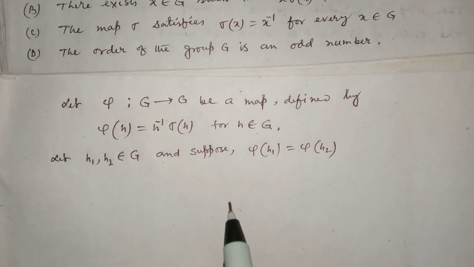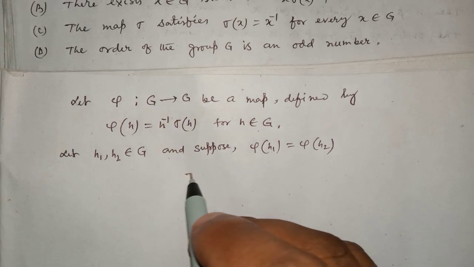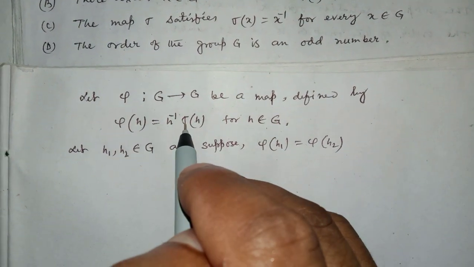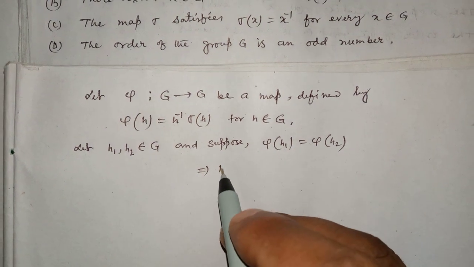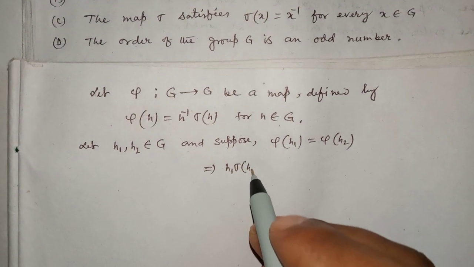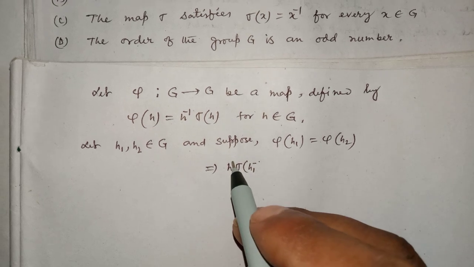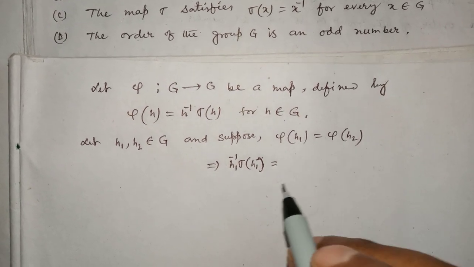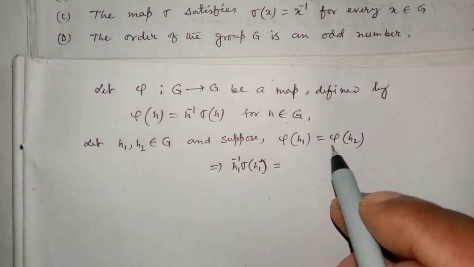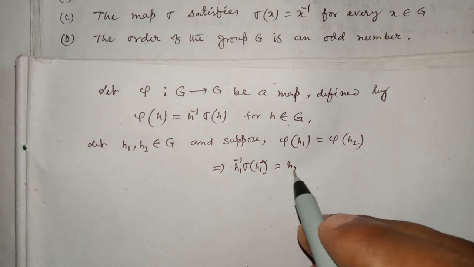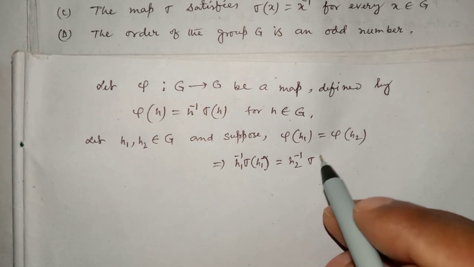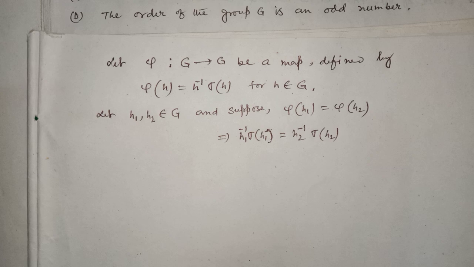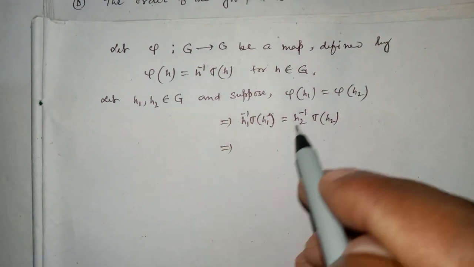So phi of h1 means h1 inverse sigma(h1) is equal to phi of h2, means h2 inverse sigma(h2).